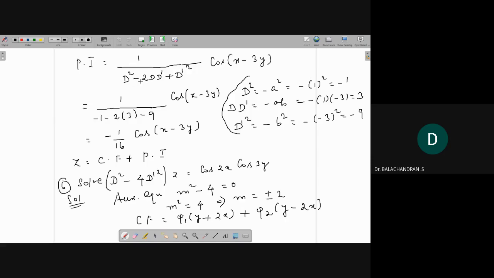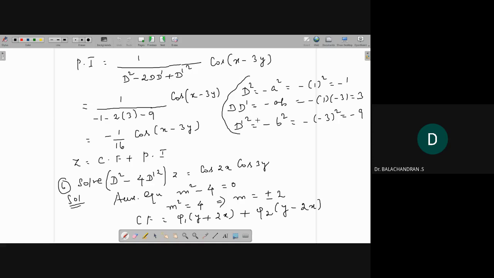So 1 by D square minus 2 D D dash plus D dash square. Here the rule is you should replace D square by minus a square. So minus a is 1, so 1 square equal to minus 1. And D D dash by minus a into b, where a is 1 and b is minus 3, so minus into minus is plus 3.